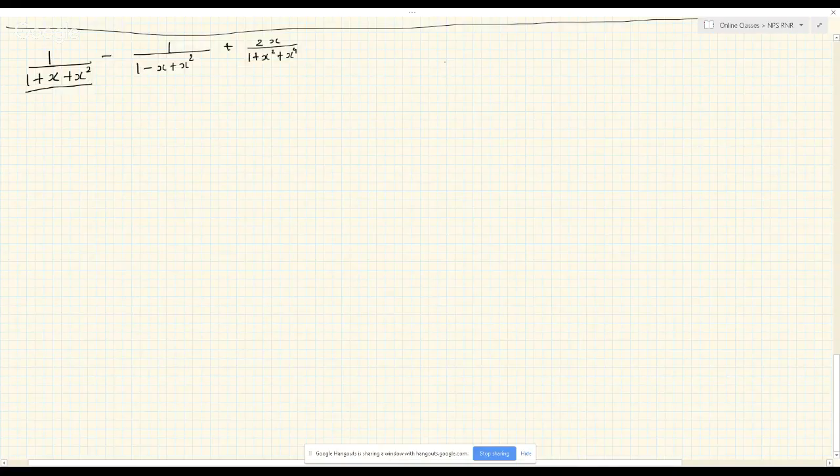I have seen this somewhere here. x cube minus 1 is x minus 1 times x square plus x plus 1, and similarly x cube plus 1 is x plus 1 times x square minus x plus 1.